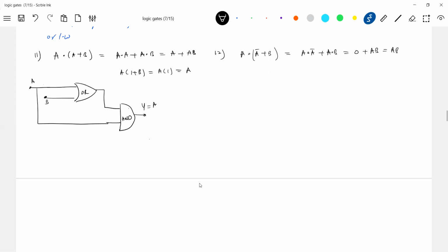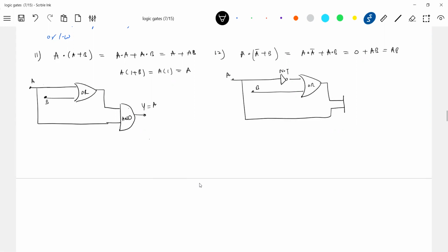What is the circuit? How should the circuit be? A complement plus B. This is a NOT gate. This is A, this is B. From here, again an AND gate will come.